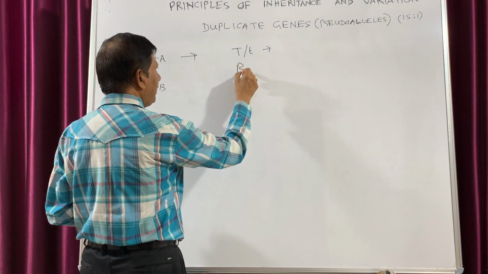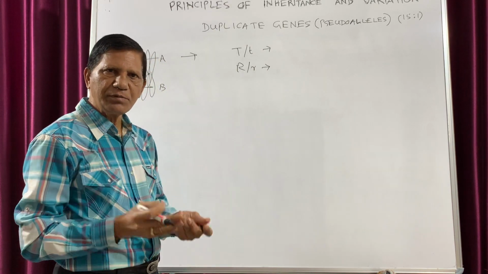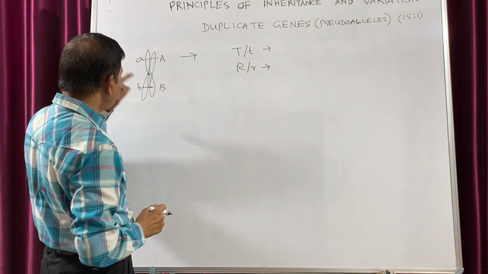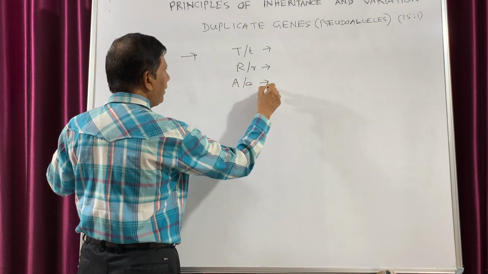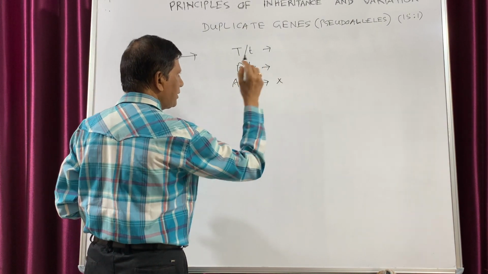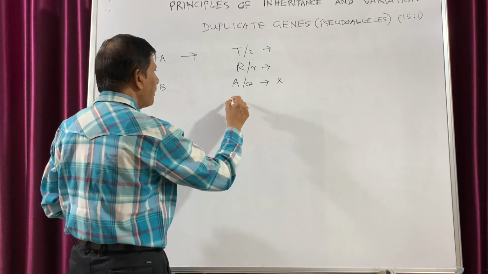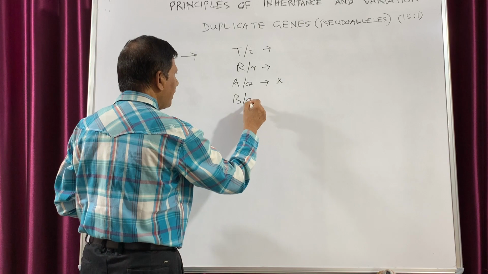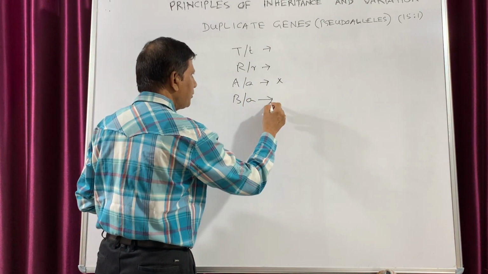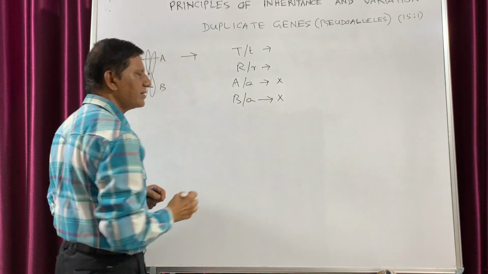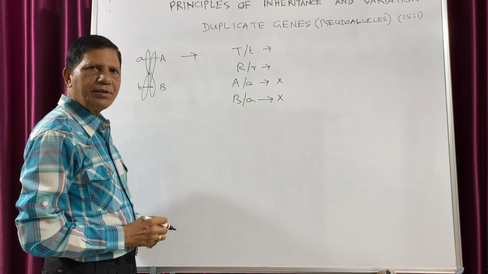Similarly, the round or wrinkled, they are responsible for the shape of the seed. So similarly, here capital A and small a will produce a particular character, suppose it is X. And here B, either capital B or small b, will also produce the same character X. That means both are duplicate of each other.